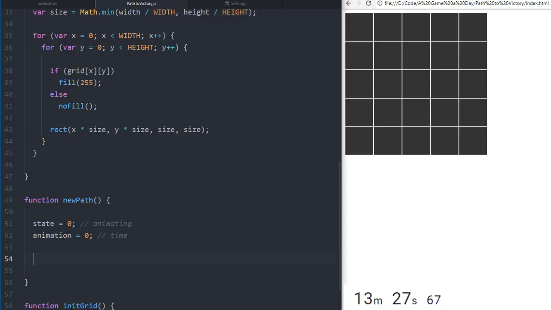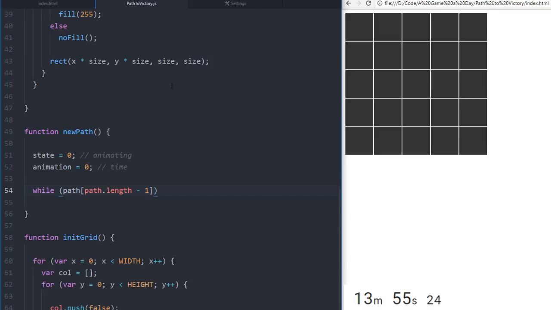So we'll say while path of path dot length minus 1, so the last length. Yeah, I think we do need a tile object.